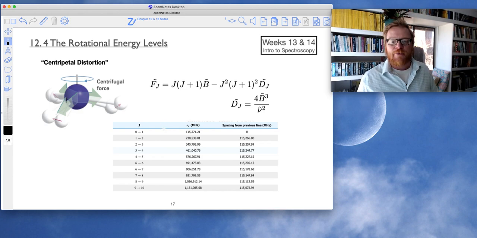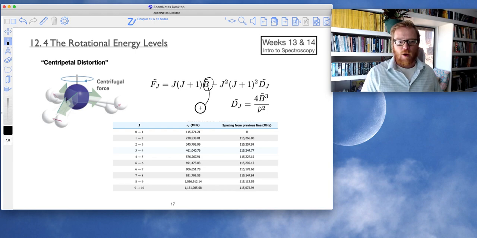And that effect becomes even more pronounced at higher J levels, okay? So these first few levels, especially this very first one from 1 to 2, at 115,266, or even the 0 to 1, 115,271, those are likely the true value of B, okay? So I'll point to this ground state. Because, again, at that small rotational level, at the ground state rotational level, there's not a whole lot of centripetal distortion going on, all right?